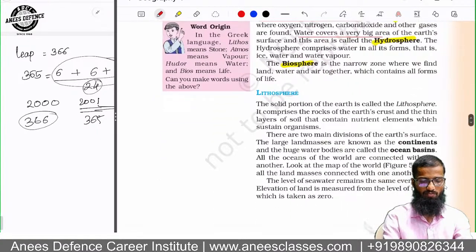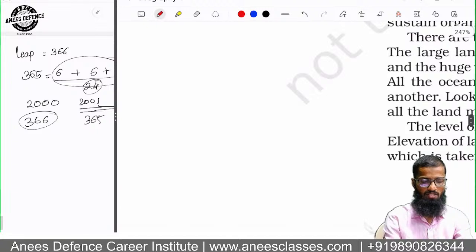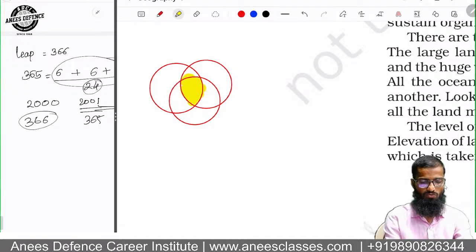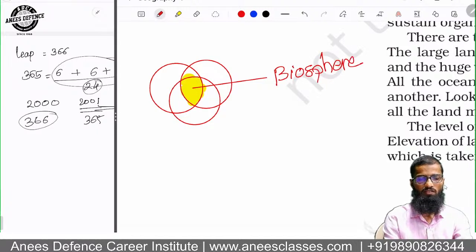For example, if I have to draw a diagram, a Venn diagram, I will draw like this. If I fill the color here, so this will be the biosphere.